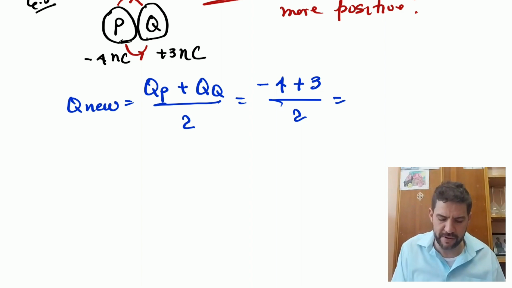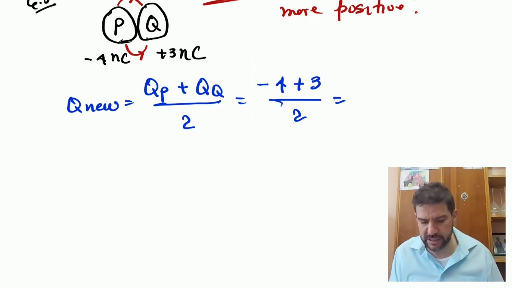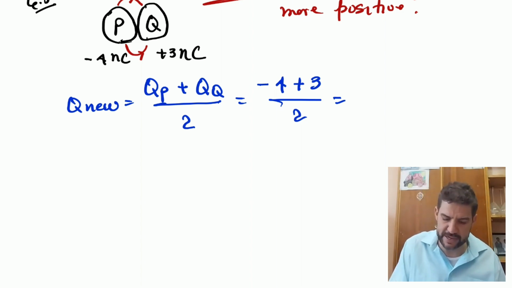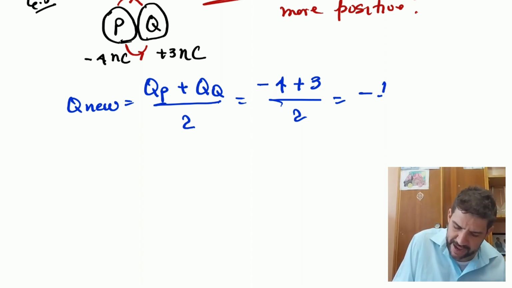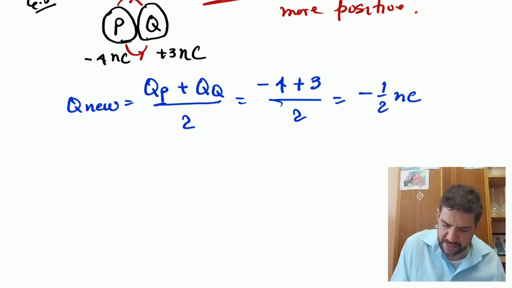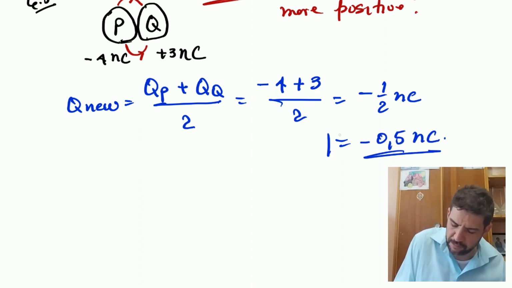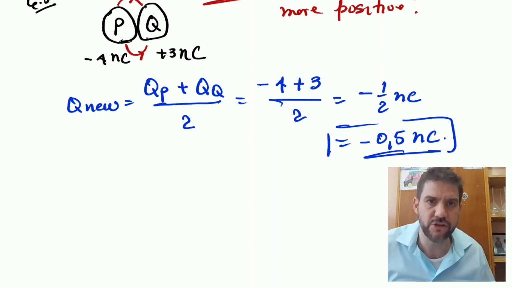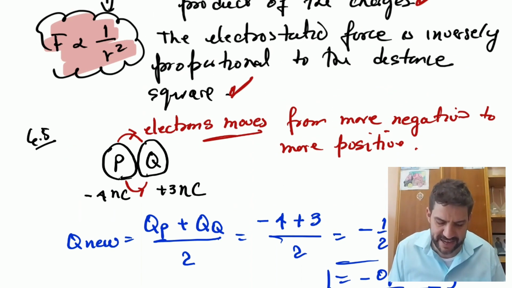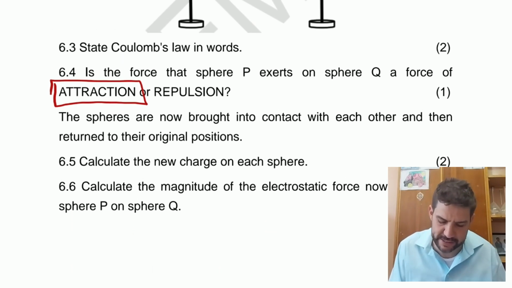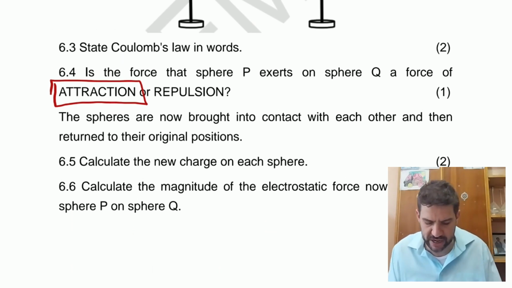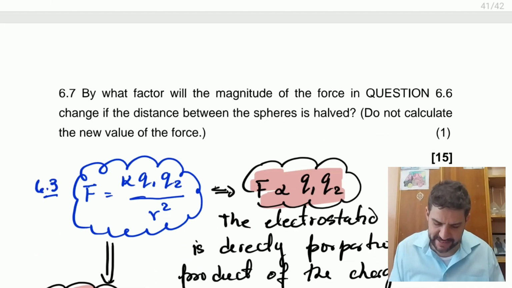So we have negative 4 plus 3, that is negative 1, divided by 2. So you have a negative half nanocoulomb. In other words, this is equal to negative 0.5 nanocoulomb. I work in nanocoulomb, so in this case you don't have to convert. They say calculate the new charge on each sphere, and this is the calculation.